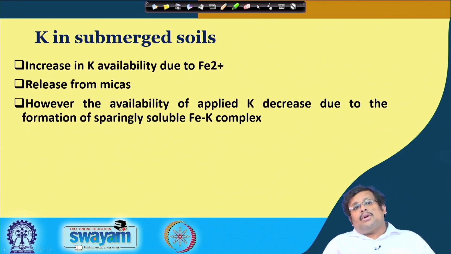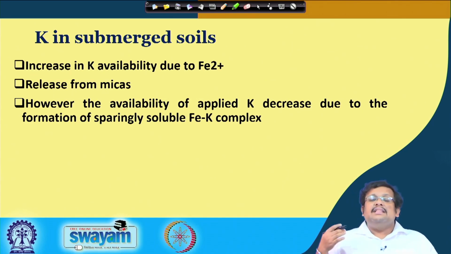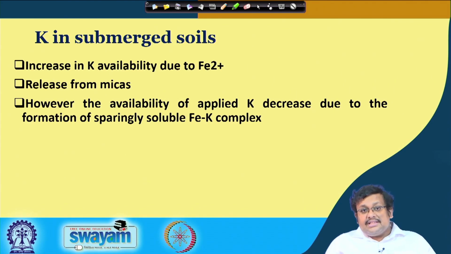Now, let us talk about the potassium in submerged soils. Generally the potassium availability increases due to the presence of ferrous ion, and also this potassium gets released from micas in the submerged soils. Sometimes the availability of applied potassium decreases due to the formation of some sparingly soluble iron potassium complexes.